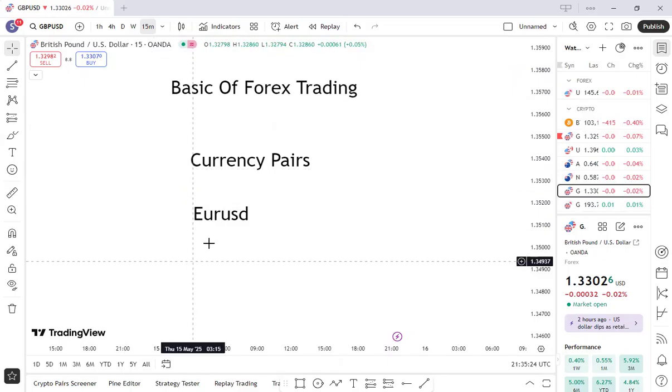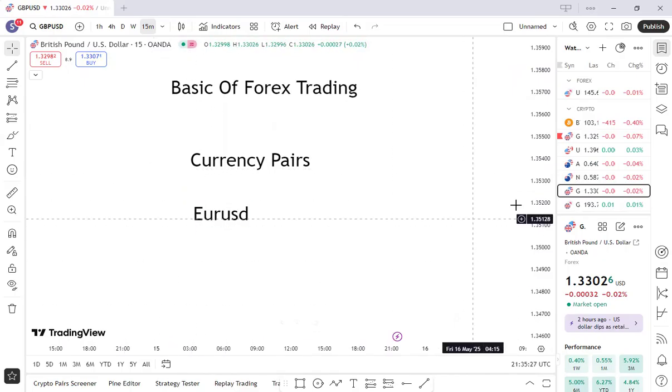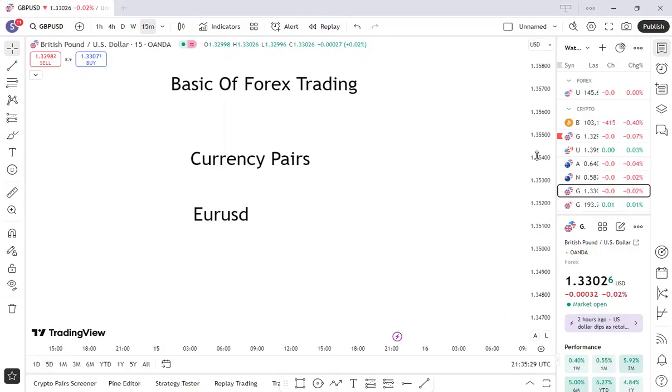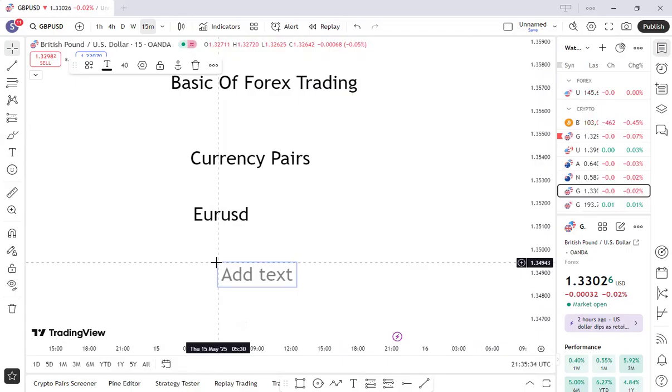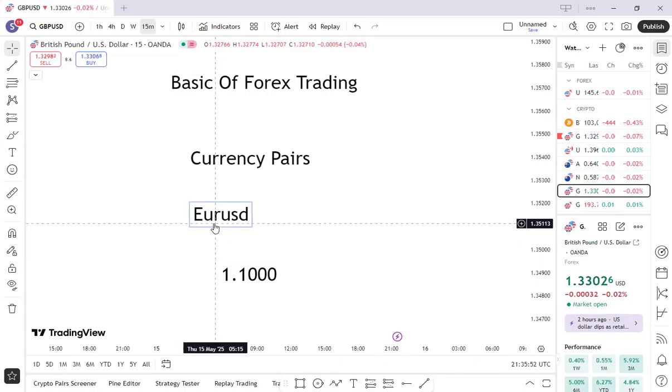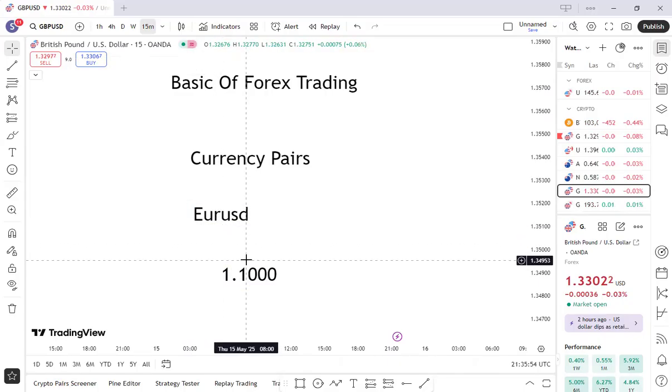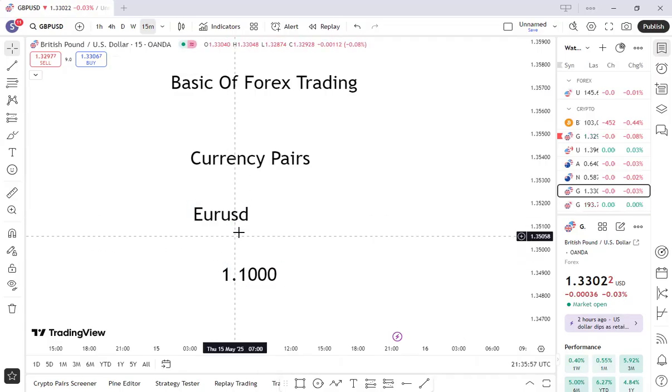If we are discussing EUR/USD, let's say it has a quote of 1.10. It's telling you that the euro is worth $1.10.